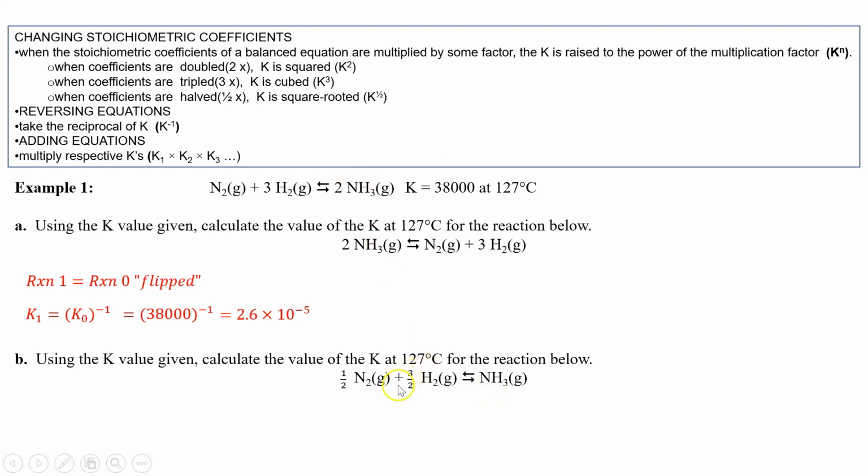So if I've multiplied the whole thing by 1/2, then K needs to be raised to the 1/2 power, or we need to take the square root of K, however you'd like to think about it. 38,000 to the 1/2 power, the square root of 38,000, is 190.